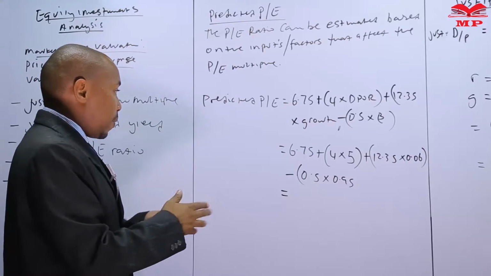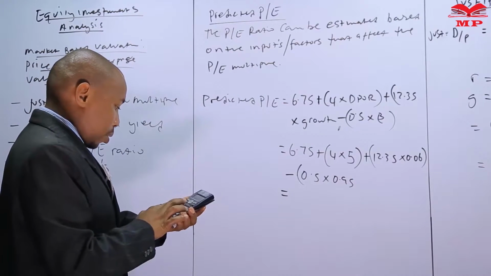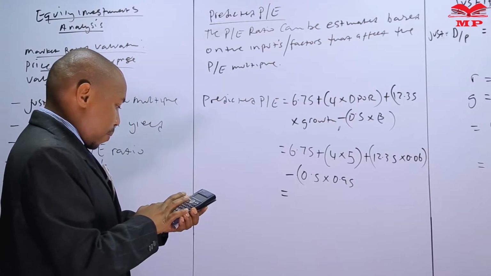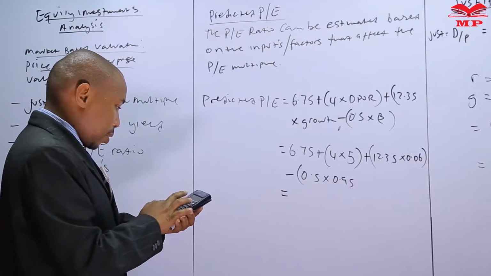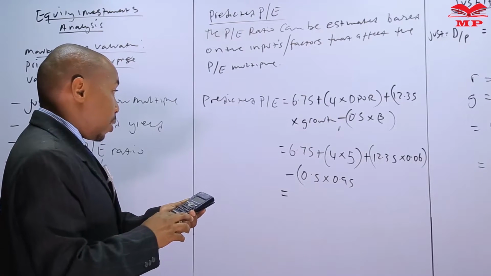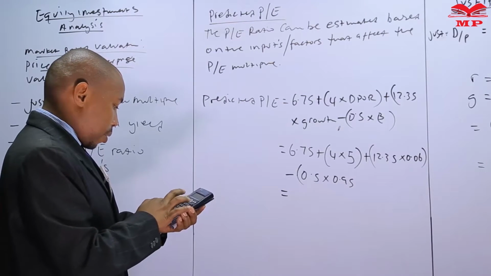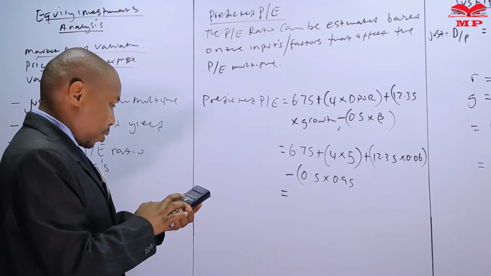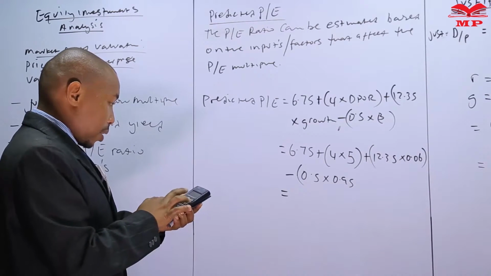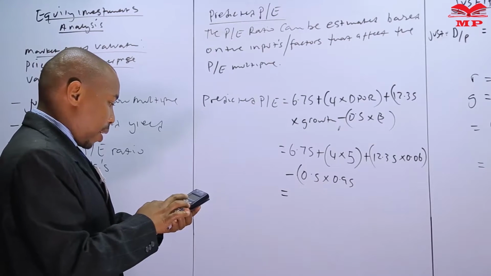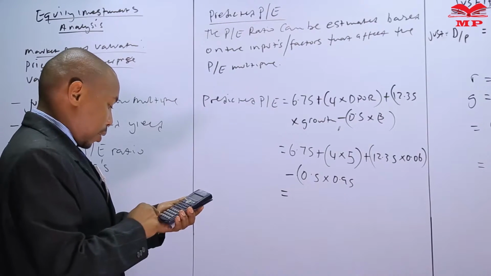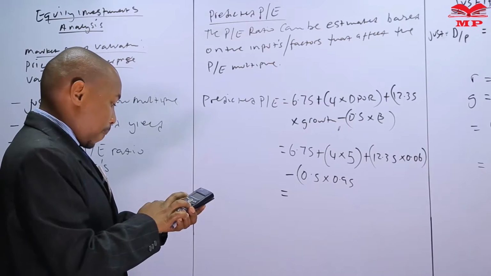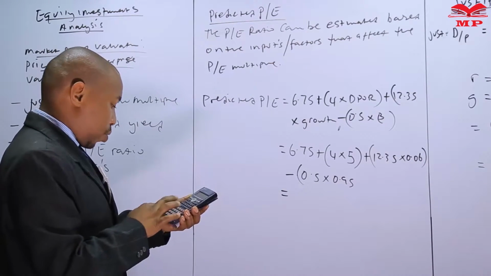So we have now 6.75 plus, open the brackets, 4 times 5, plus 12.35 multiplied by 0.06, minus, open the bracket, 0.5 multiplied by 0.95.